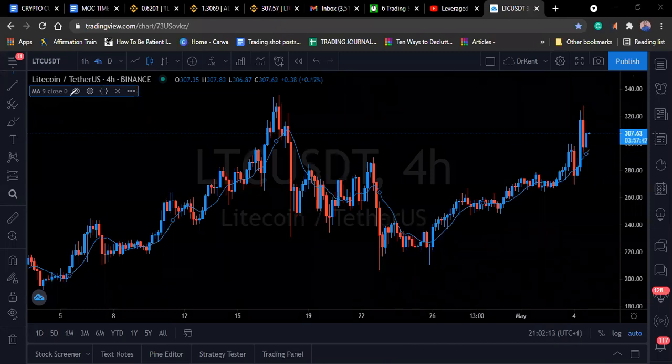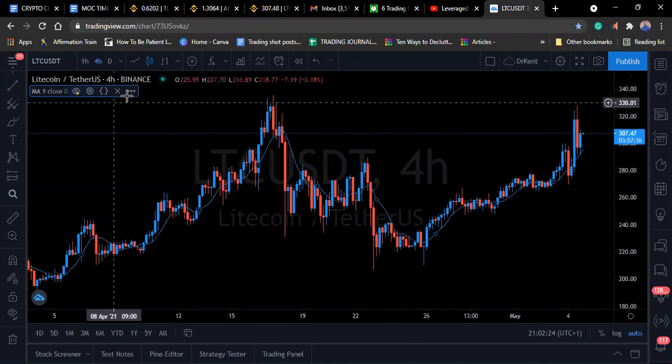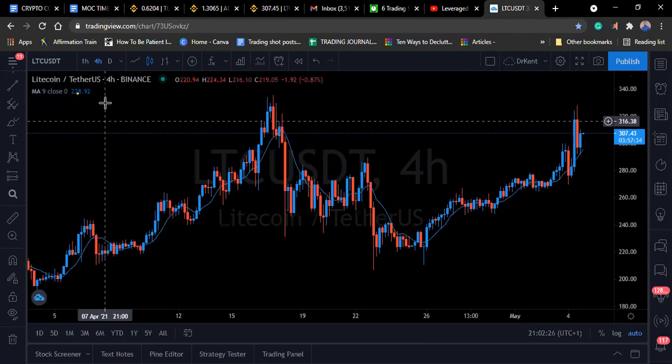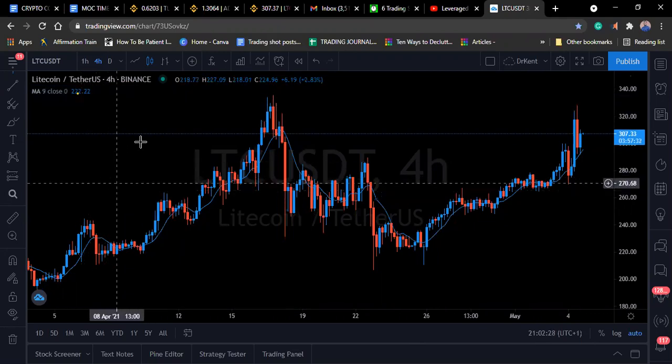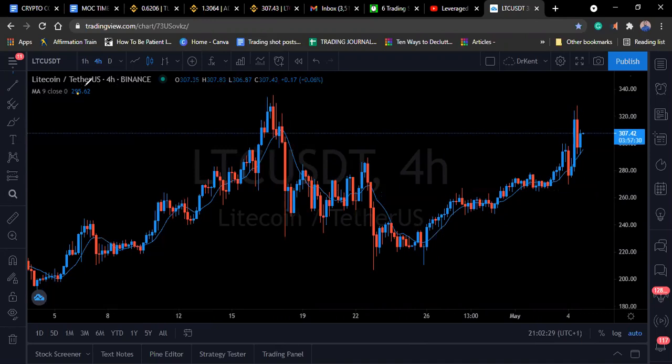Now, on this chart, let me show you this. Can you guys see this figure here?